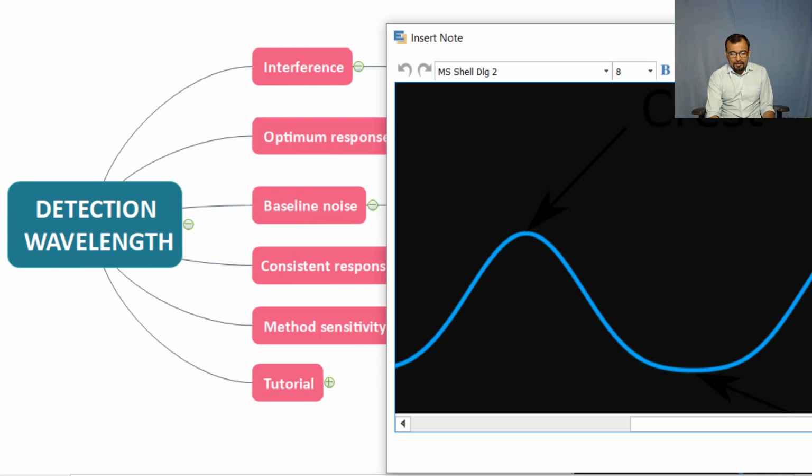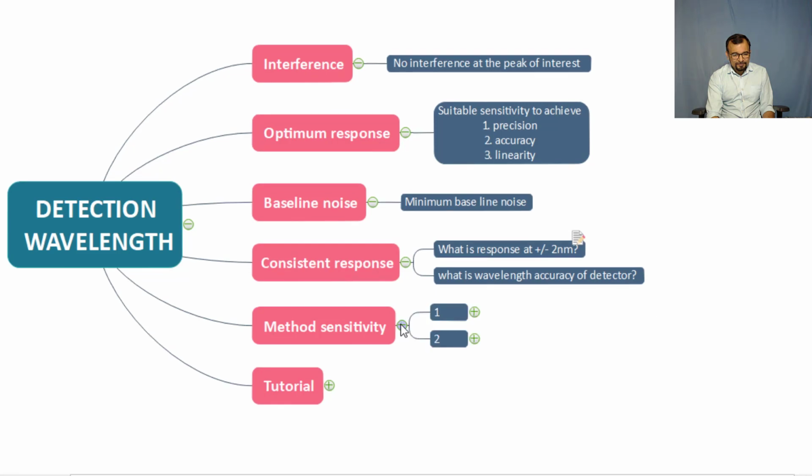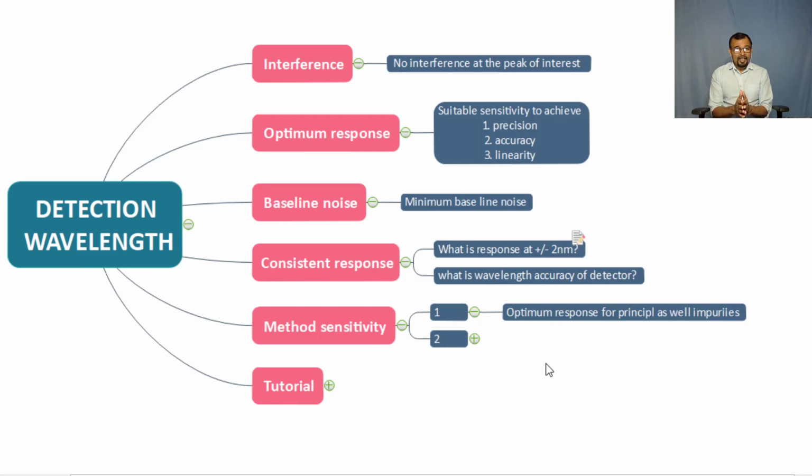The next important point is method sensitivity. And when it comes to method sensitivity, the important point is the optimum response for the principal peak as well as the impurities. It is not only about having the optimum response for the principal peak; if you are dealing with a related substances method, then you have to understand what the response is for the impurities at the selected wavelength.